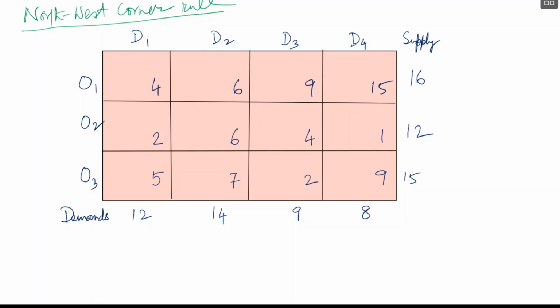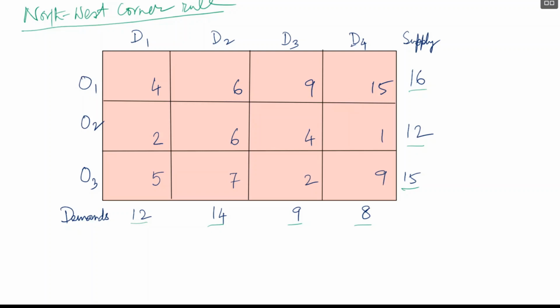We have taken a problem with 4 destinations and 3 origins, and the supplies available at the origins O1, O2, O3 are respectively 16, 12 and 15 units, and the demands at the destinations d1, d2, d3, d4 are respectively 12, 14, 9 and 8 units. We have to check at the very beginning whether the total supply is equal to the total demand or not.